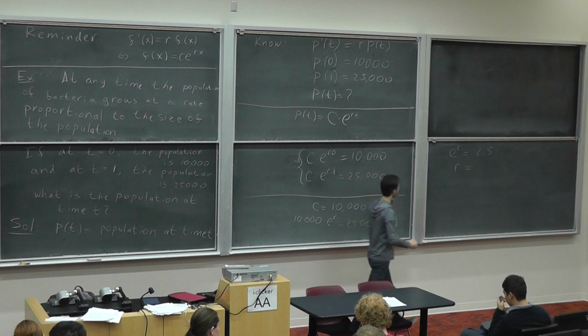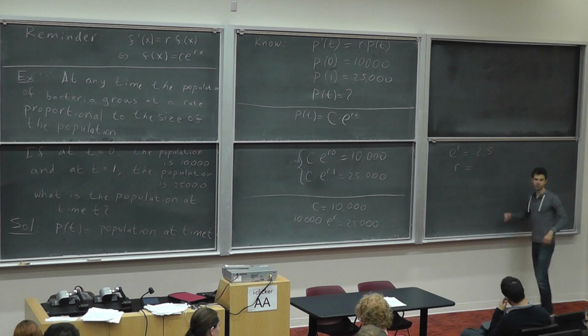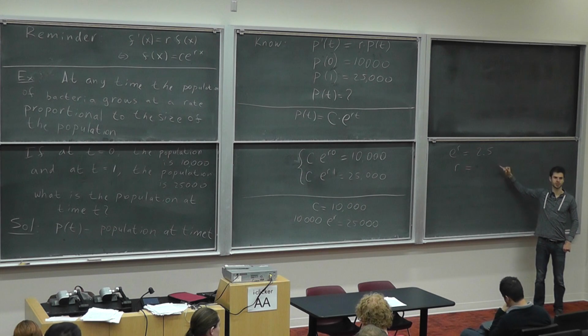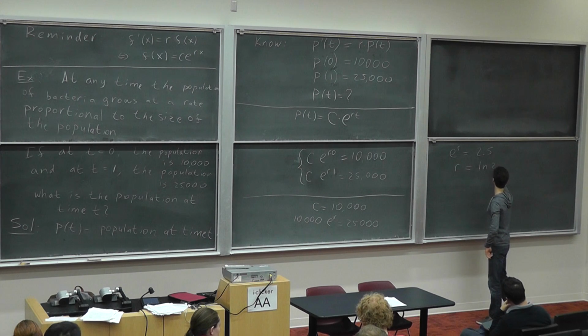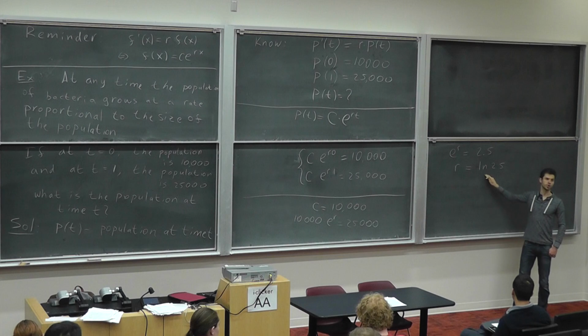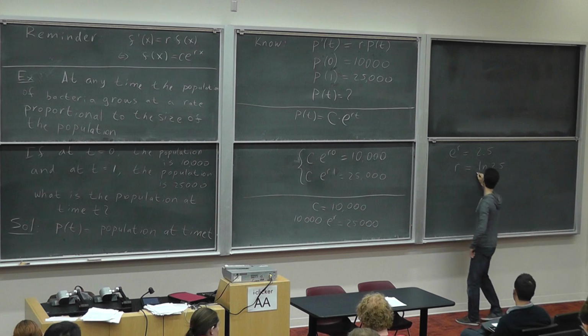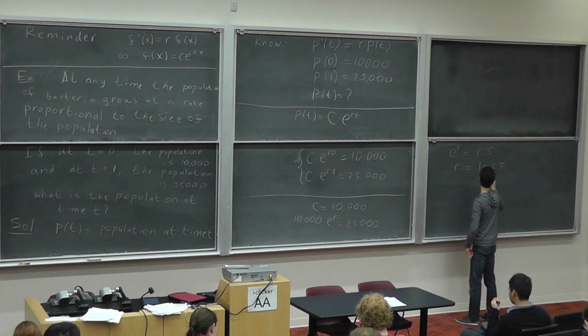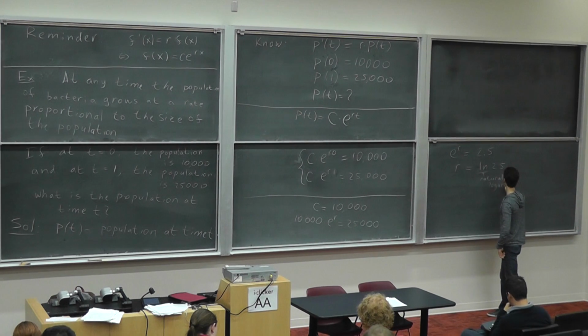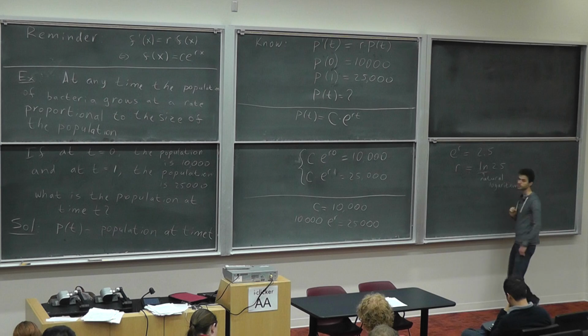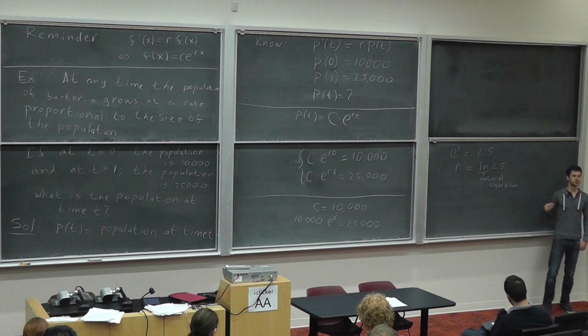So what we do is we just give a name to the answer, and we call it ln of 2.5. This is called the natural logarithm. In a way, it doesn't solve the problem.